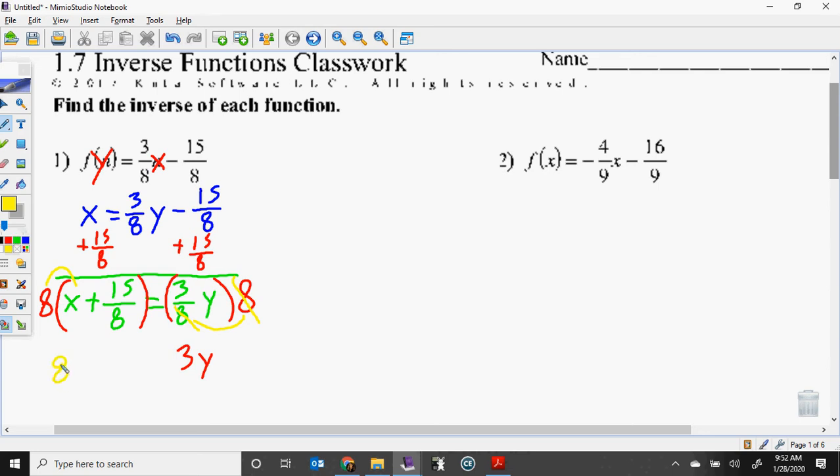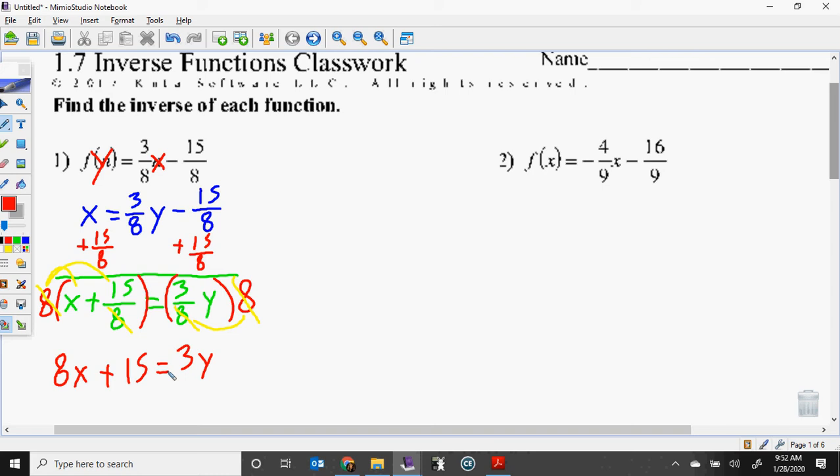On this side, I'll distribute the 8 to the x and get 8x. When I distribute the 8 over there, that 8 and that 8 cancel out, and I'm left with just plus 15 goes through y.